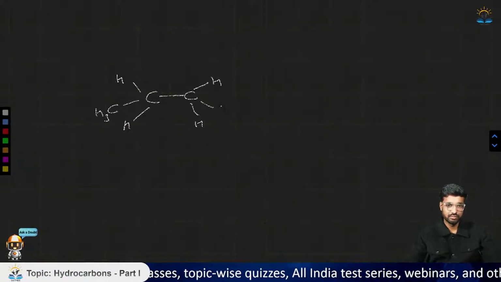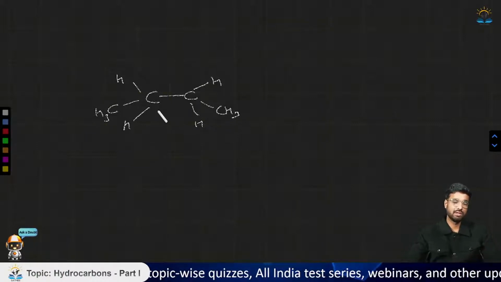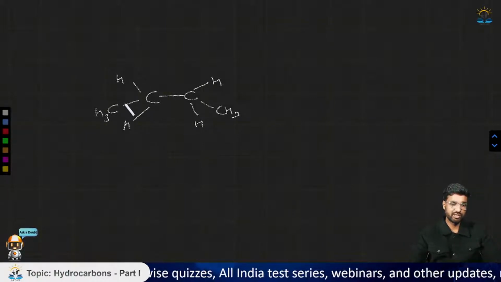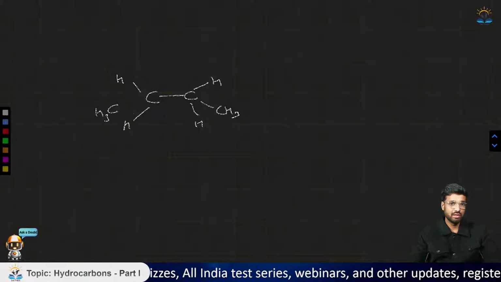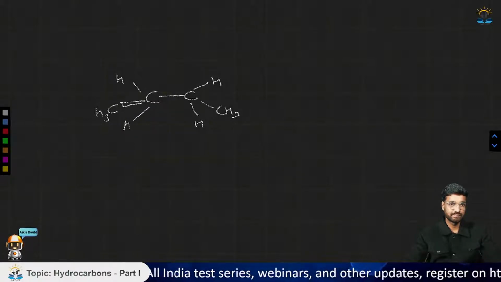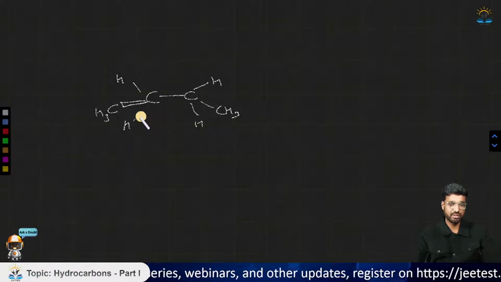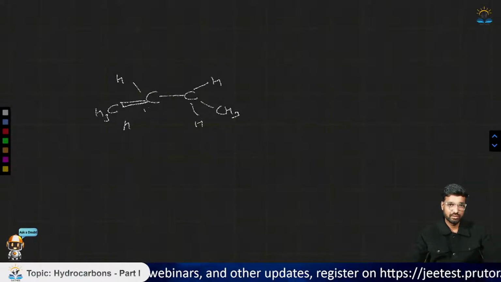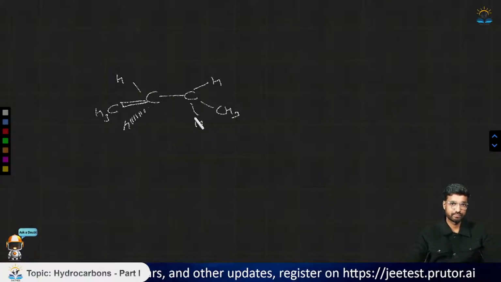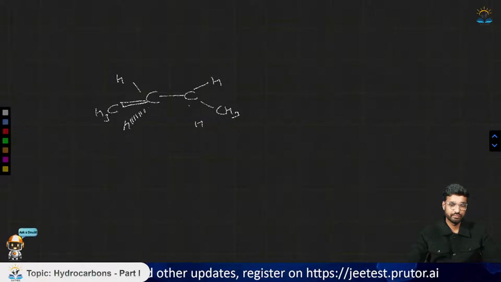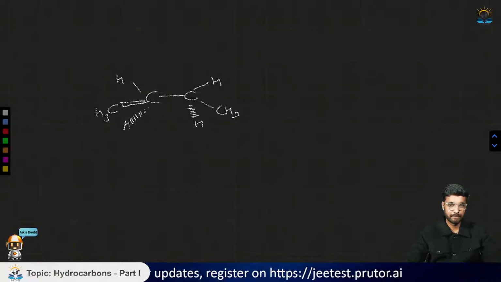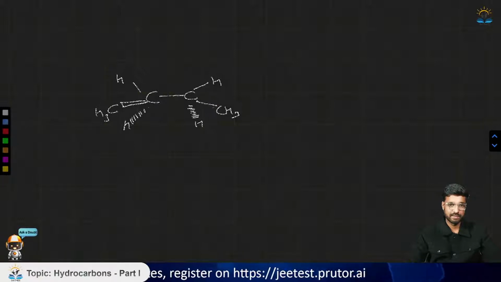Here also. We are not mentioning the stereochemistry here, so let us take an arbitrary stereochemistry. Suppose this is on the solid and this is on the wedge. Here also we have this, similarly like this.